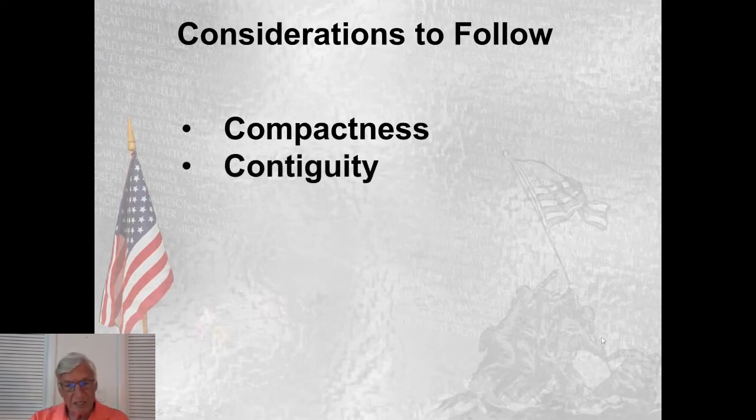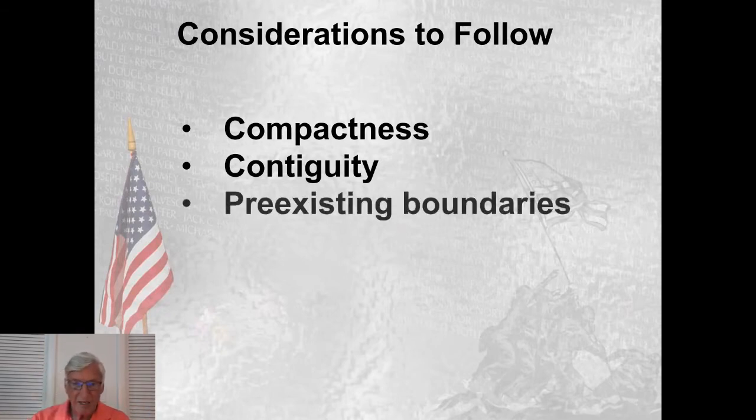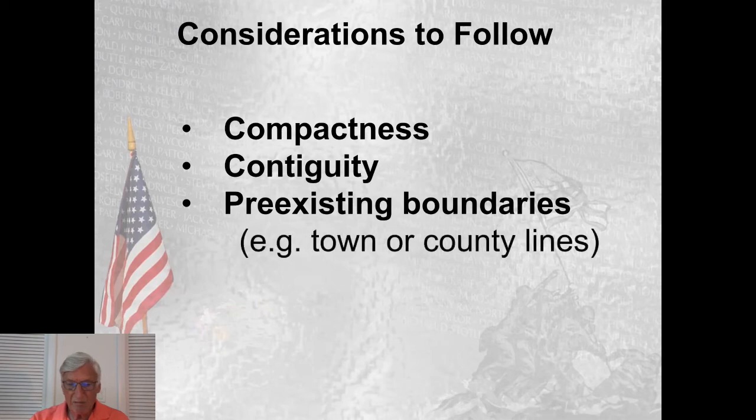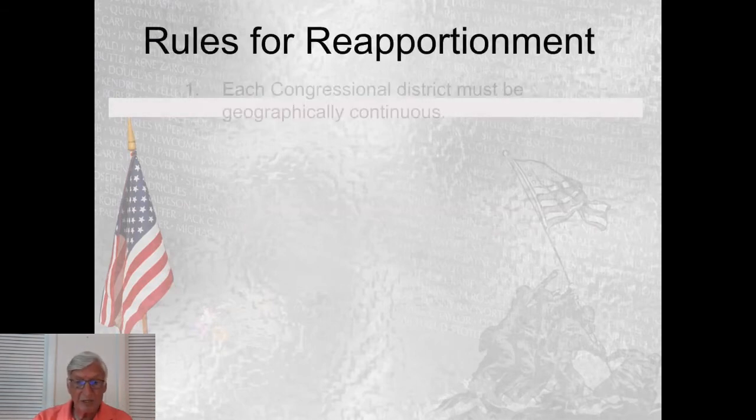They need to be contiguous. You can't separate them. You can't have part of it in one area and then another district in between. They need to be contiguous and follow pre-existing boundaries, town or county lines whenever possible. And almost always that is possible.